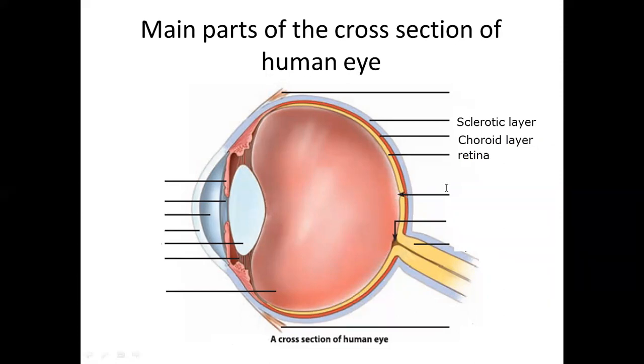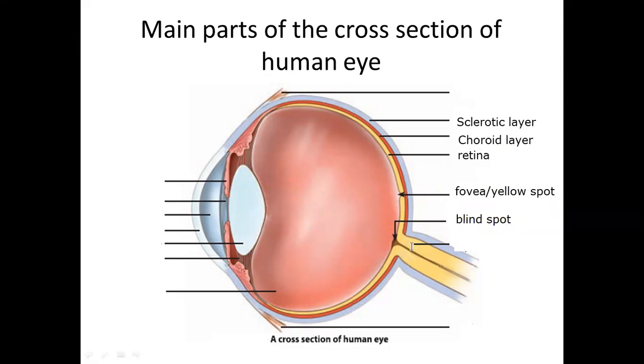This place is known as the fovea, or we can also call it the yellow spot. This is the part of the retina which is most sensitive to light. There is another part of the retina which is not sensitive to light, known as the blind spot. The term blind itself says that it is not sensitive to light.